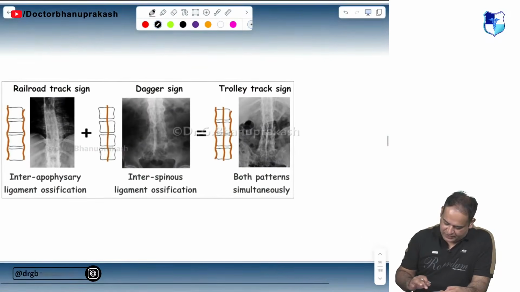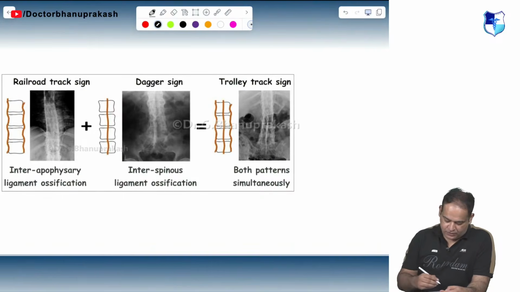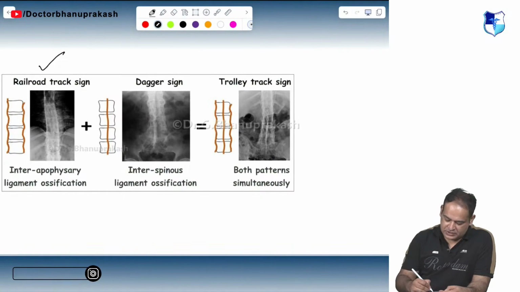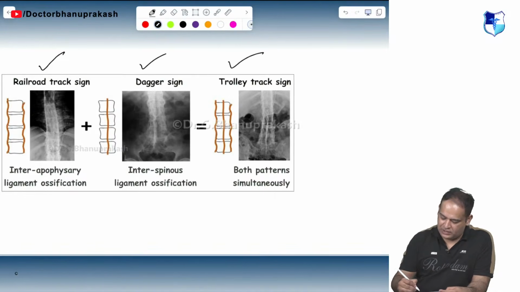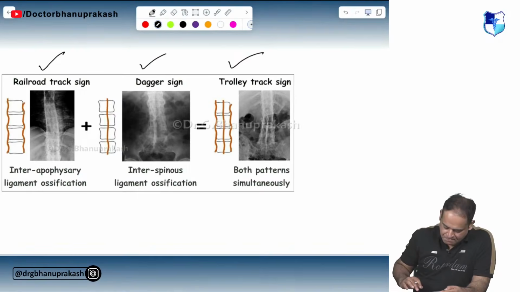Now here, the description is also there, at which ligament is calcified. So if you see two white lines on the side, railroad sign. Single white line in the center, dagger sign. All three white lines, trolley track sign, right?